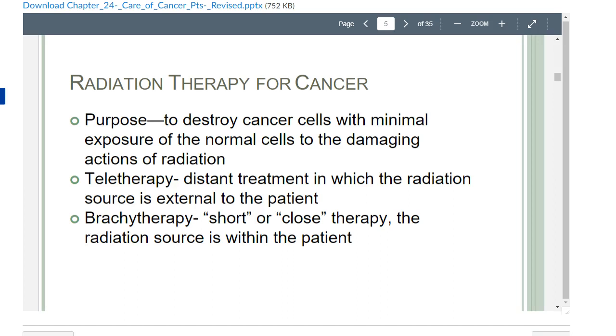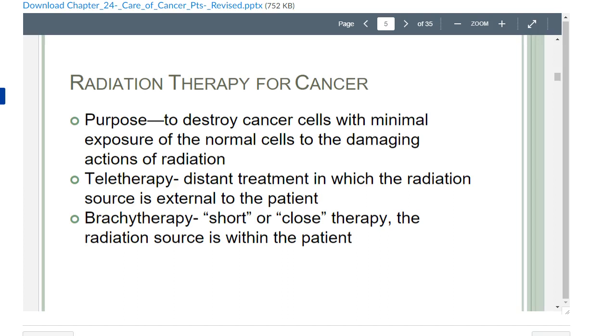They'll do position fixing devices and markings on the patient. And so that particular marking of where that tumor is will remain on there for the remainder of how many treatments that person receives, so that that radiation beam will go to that exact spot each time.